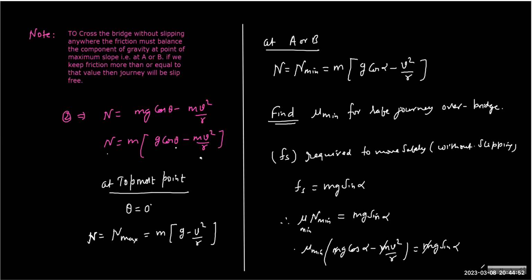So what we are going to get here is that mu minimum into (g cos alpha minus v square by r) equals g sin alpha, right? This is what you got.